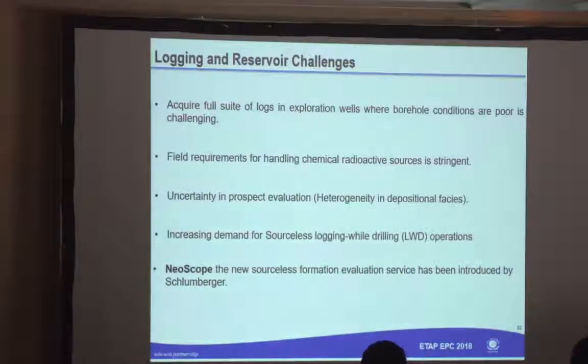In addition to this, some logs require a radioactive source. And you know that the handling of this radioactive source is very strict. And the loss of this radioactive source has very big and very important consequences. So this is related to operations and logging.